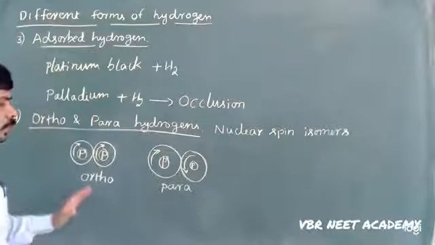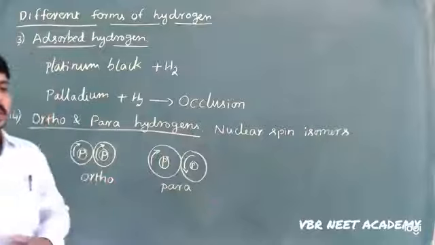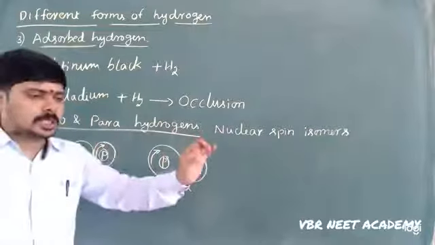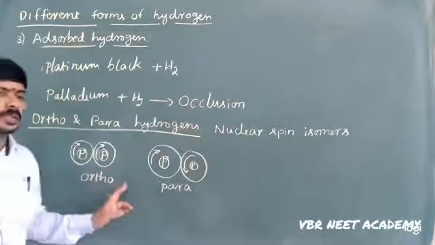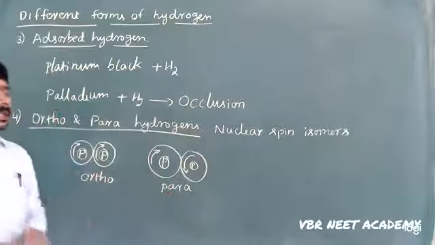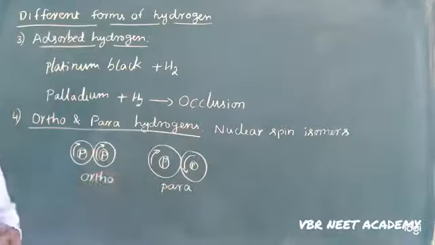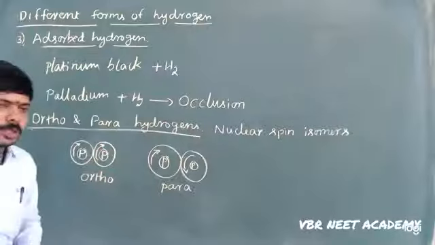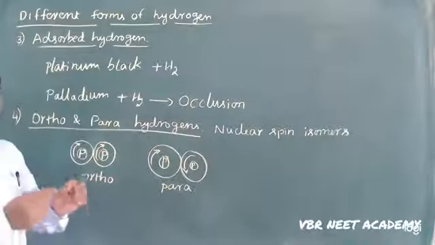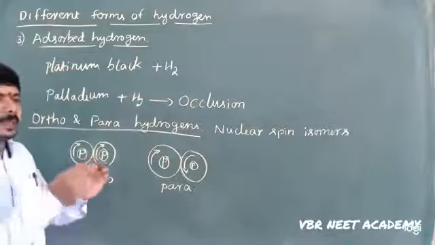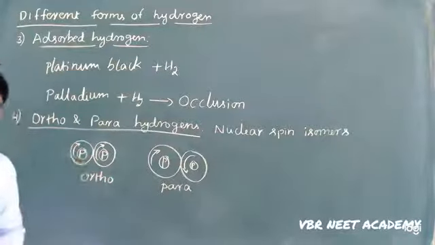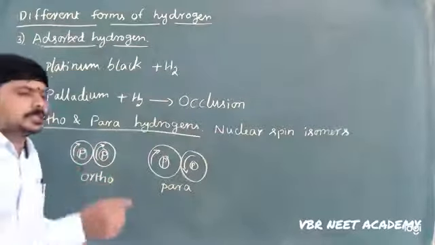Out of ortho hydrogen and para hydrogen, which is going to be more stable? Ortho hydrogen is going to be more stable than para hydrogen. They may ask the question: which hydrogen is going to be more at room temperature, which hydrogen is going to be more at absolute temperature?